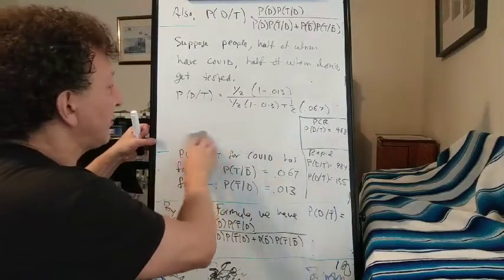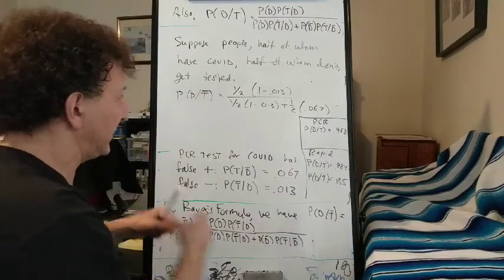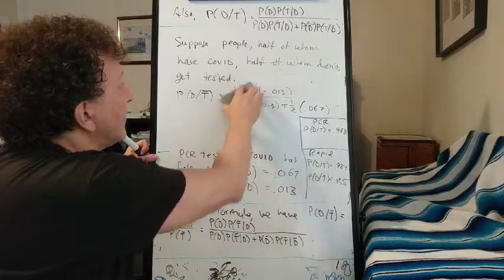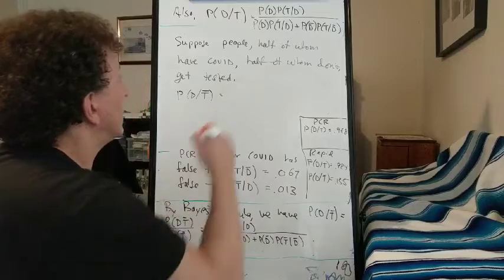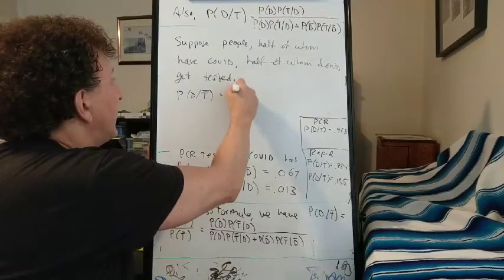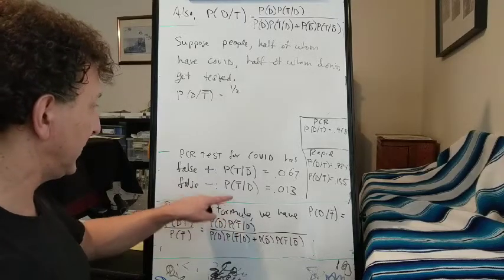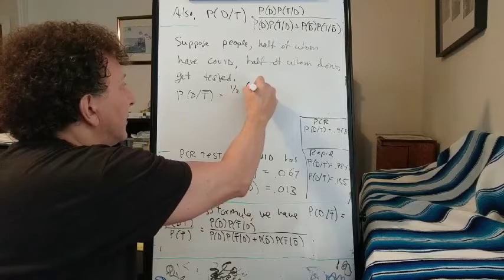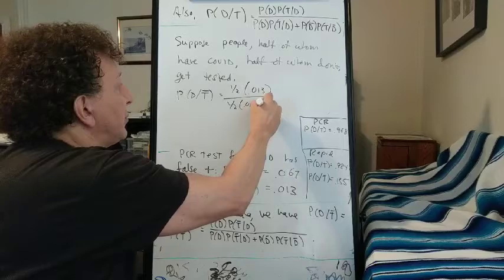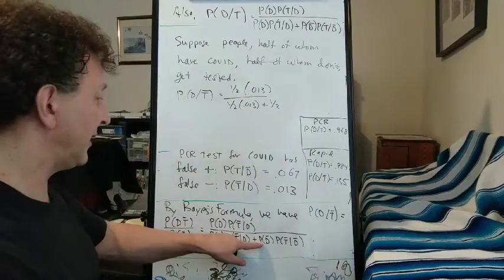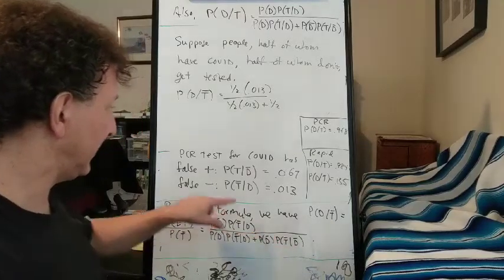Alright, now let's look at the probability of having the disease given that the test is negative. So it's 1/2 probability of testing negative given having the disease, 0.013, over 1/2 times 0.013 plus probability of not having the disease times probability of testing negative given not having the disease.